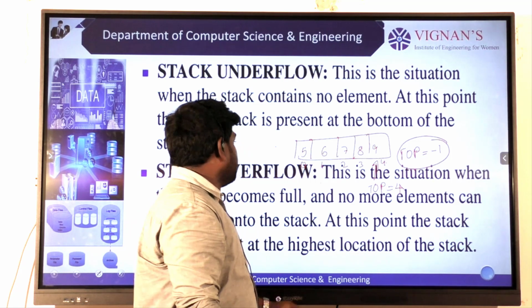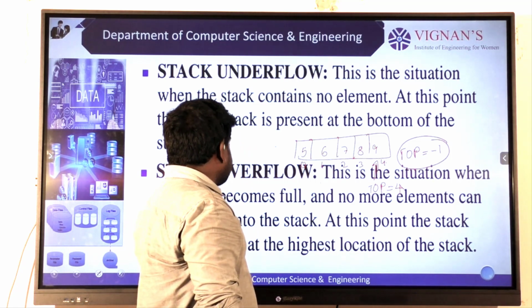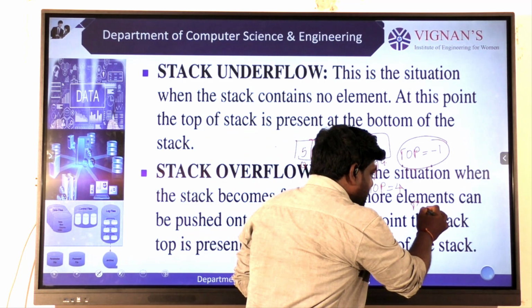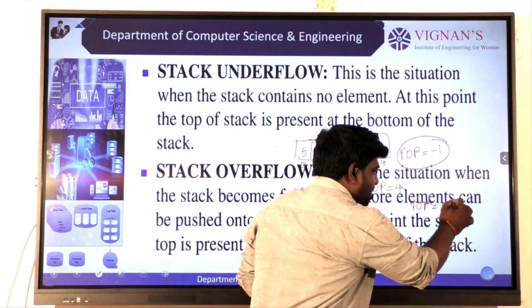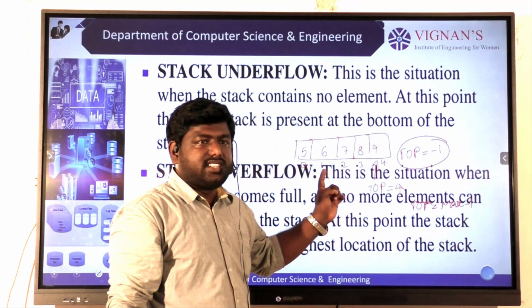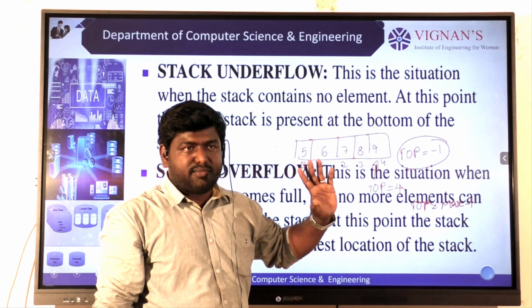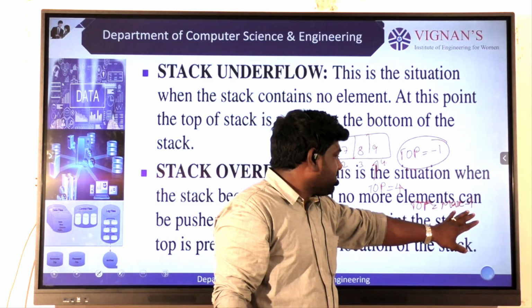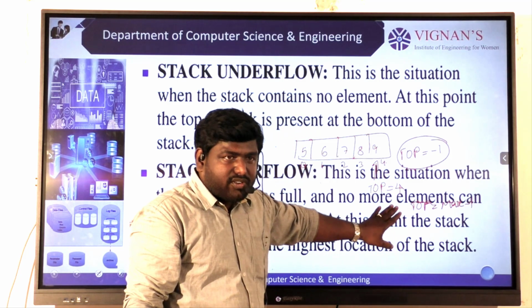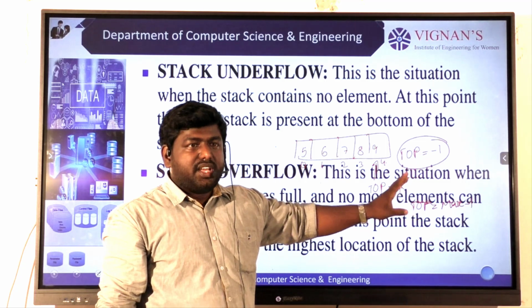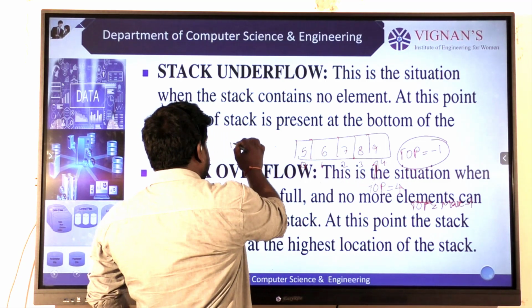So as I said, we call the stack to be in overflow condition when the top is equal to max - 1, where max is the length, the size of the array. Here the size of the array is 5, so 5 - 1, which is 4. When the top is equal to 4, it indicates the stack is already filled.